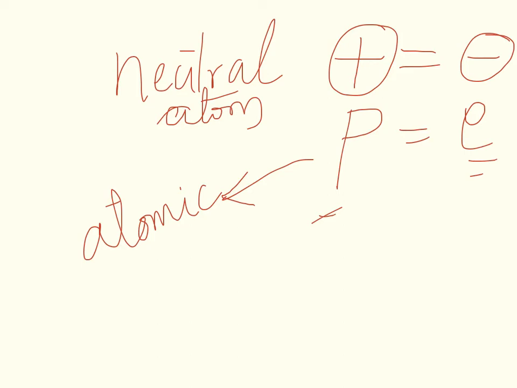So you might come across a problem that might look like this. How many protons, neutrons, and electrons are found in an element with this symbol, oxygen 16-8? Remember, this is the atomic number and this is the mass number.